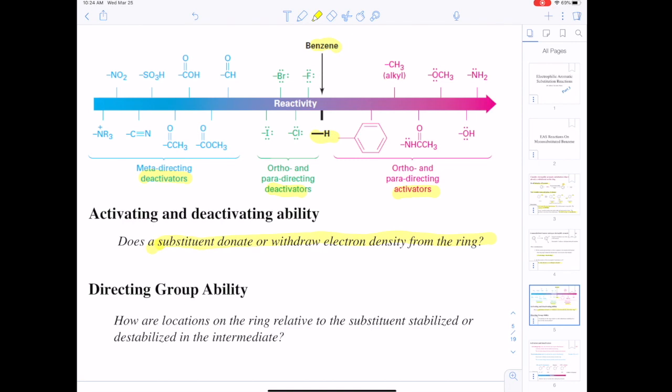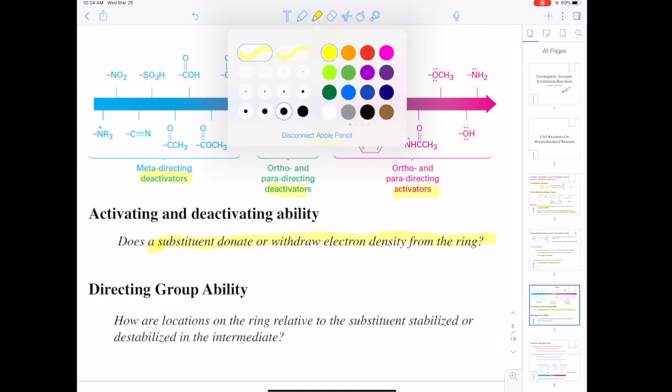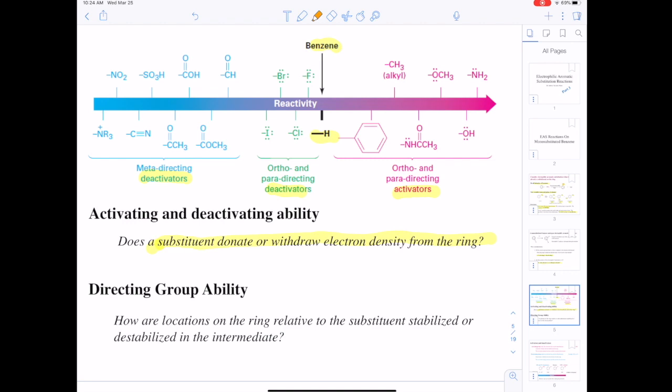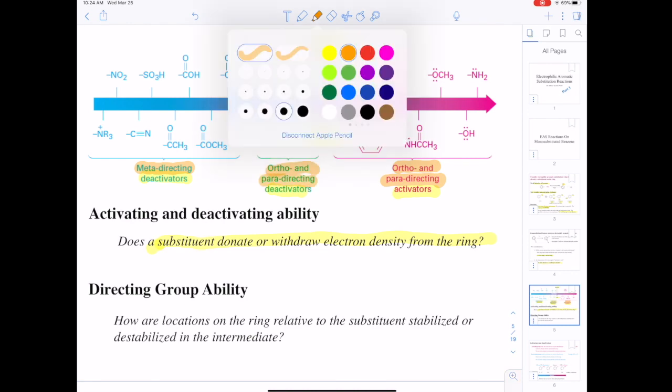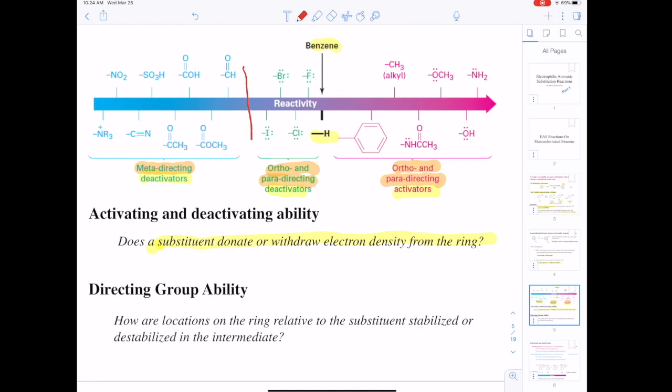Then you have the directing group ability. You'll notice that all activators are ortho-para directors. All deactivators are meta-directors with one exception, halogens. Halogens are ortho-para directors.